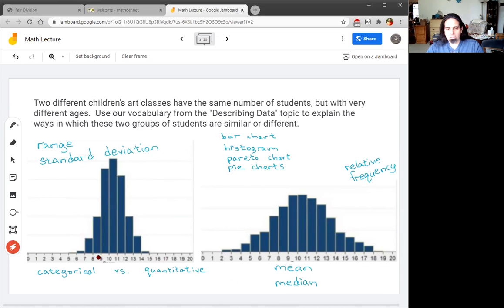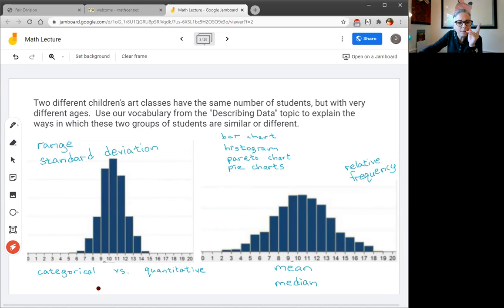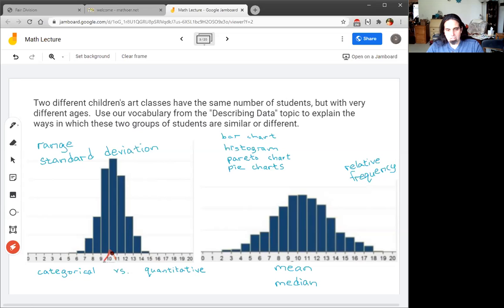Where would the mean be on the left-hand side just because of the shape? It would probably be, well, the 10 would be the median, right? Between the 10 and the 11. The one that looks like a teeter-totter balance is the mean. So if this was to balance on a teeter-totter between 10 and 11, that would be where the mean is.